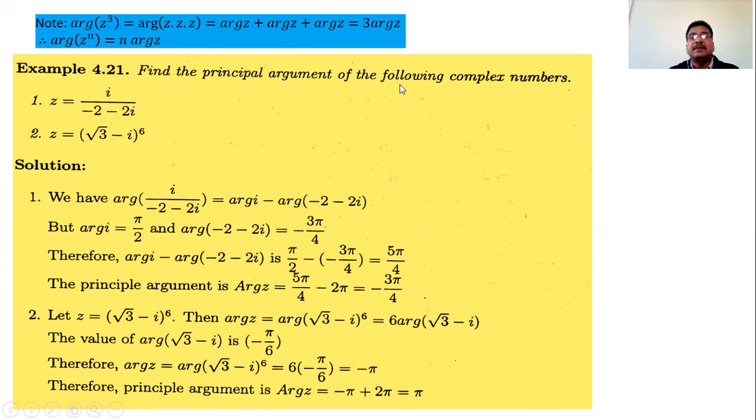Then find the principal argument of the following complex number. How can you find i divided by minus 2i? Simplify this first. That is, multiply by minus 2 plus 2i divided by minus 2 plus 2i, that is, rationalize the denominator, and express this number in the form x plus iy, and then find its modulus and argument.